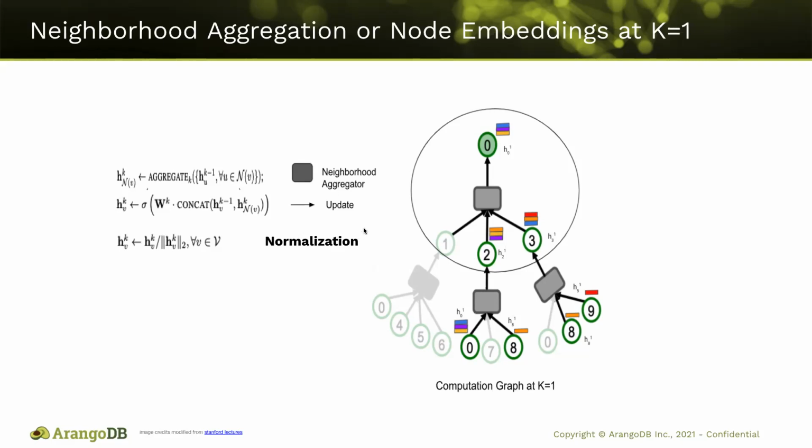At the end, once we have these updated representations, after pulling the k-1 representation from all the neighbors, we update the representation of nodes with its own representation, and then we can normalize this representation by taking the L2 norm of the representation of the node 0, let's say.